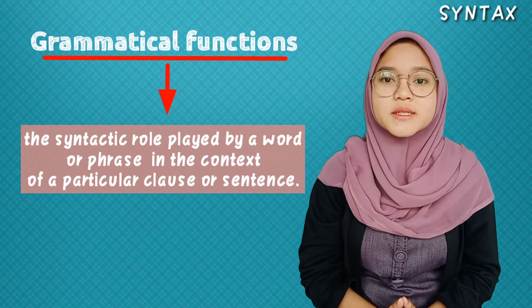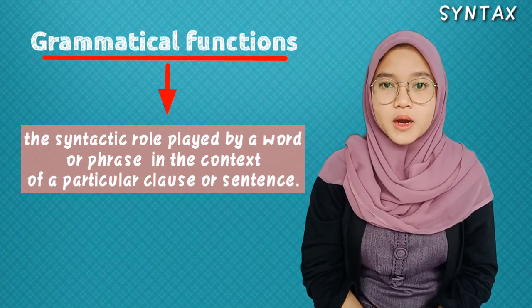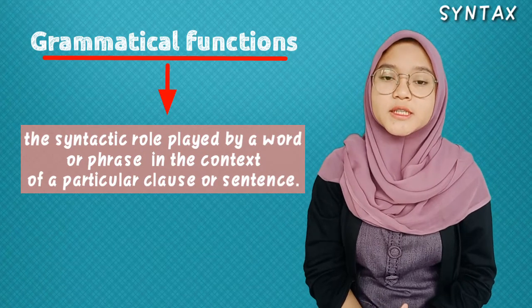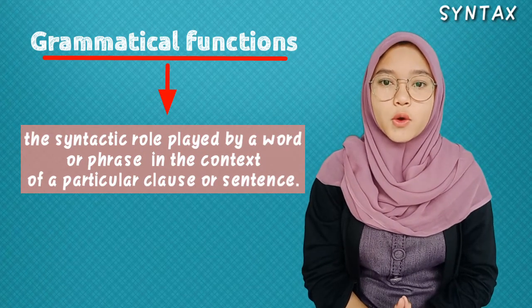Grammatical functions are primarily determined by a word's position in a sentence, not by inflections or word endings. There are two sets of concepts here, concerning the relationship between the verb in a clause and its complements.